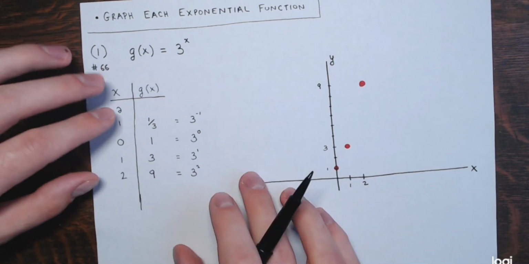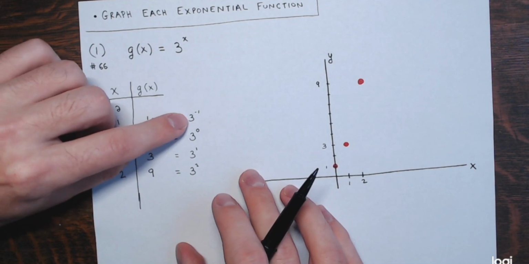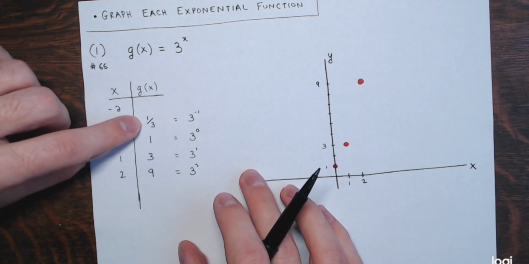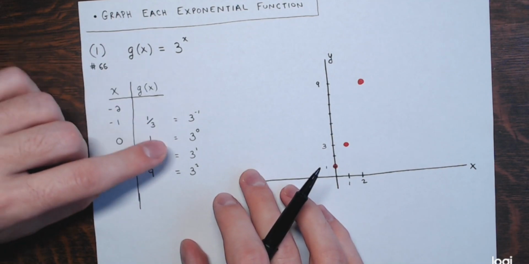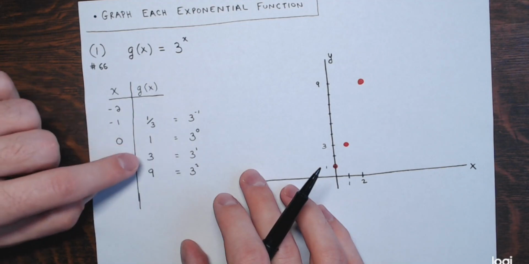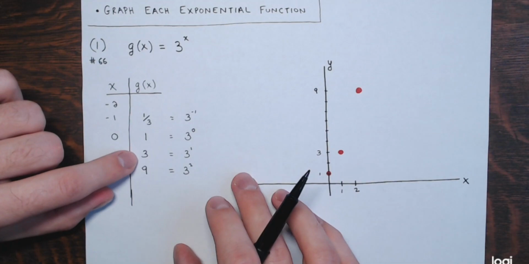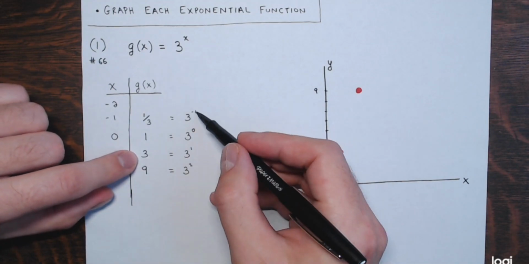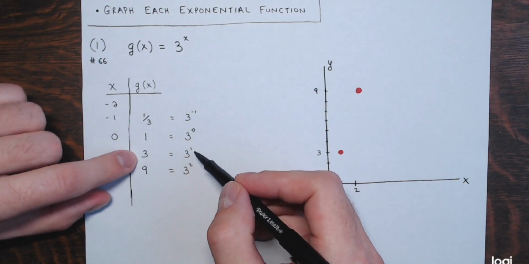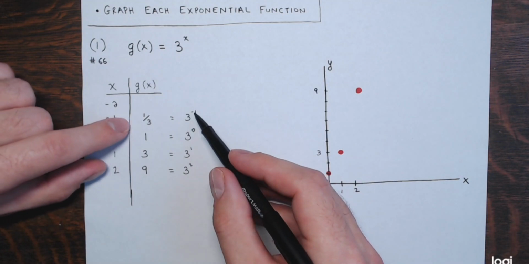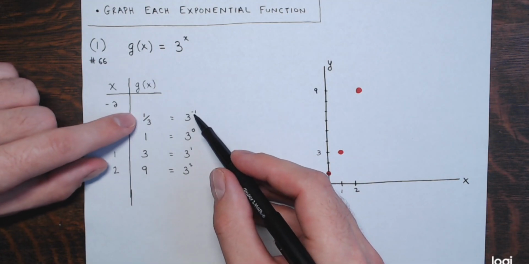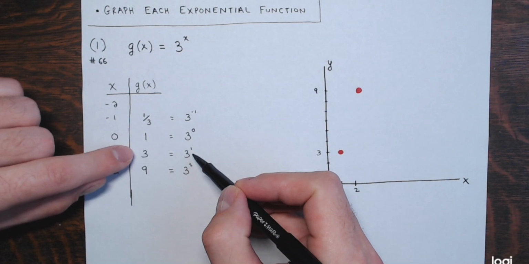Notice how 3 to the -1 is 1/3, and 3 to the +1 is 3. Those are reciprocals. That will always happen with negative powers and positive powers. Negative powers are just the reciprocals of their corresponding positive powers.